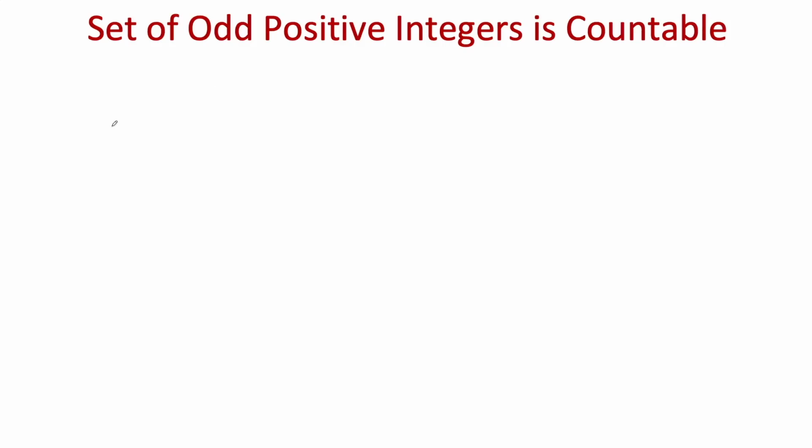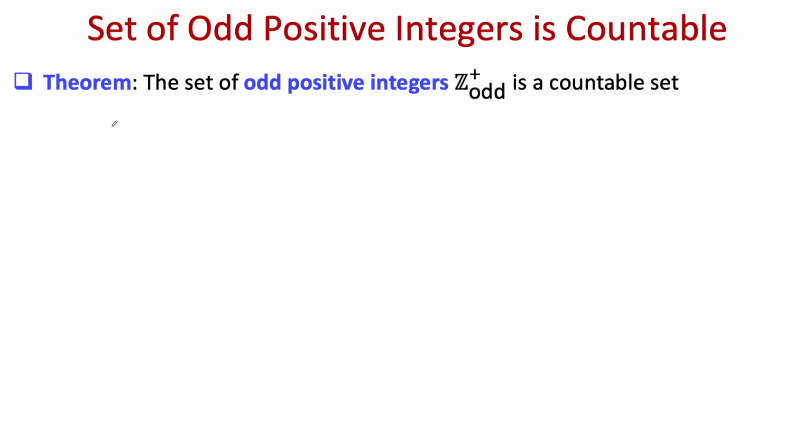So I start with the set of odd positive integers, and let me denote the set of odd positive integers by this notation. And my claim is that the set of odd positive integers is a countable set. So this statement might look very non-intuitive, because definitely you have more integers than the set of odd positive integers, right?